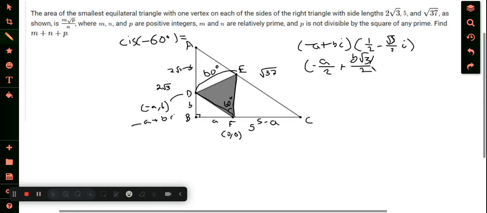This is by multiplying negative a times 1/2 and bi times negative root 3 over 2 i.